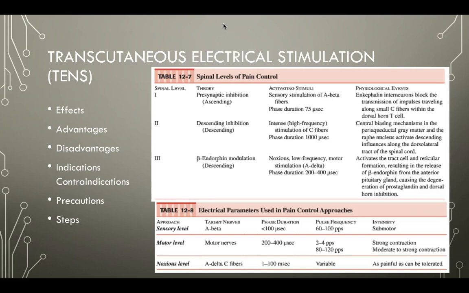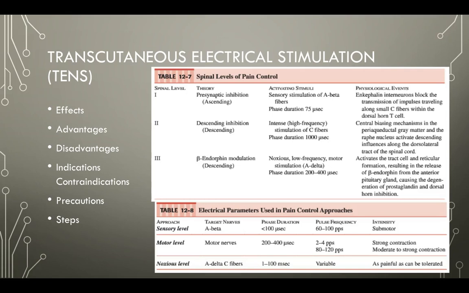When we're talking TENS, we're most likely talking biphasic waveforms. But the philosophies that we talk about, the pain treatments, can also be done with our high volt. We'll talk about it with IFC and pre-mod as well. So right now we're going to mainly focus on using that biphasic waveform.